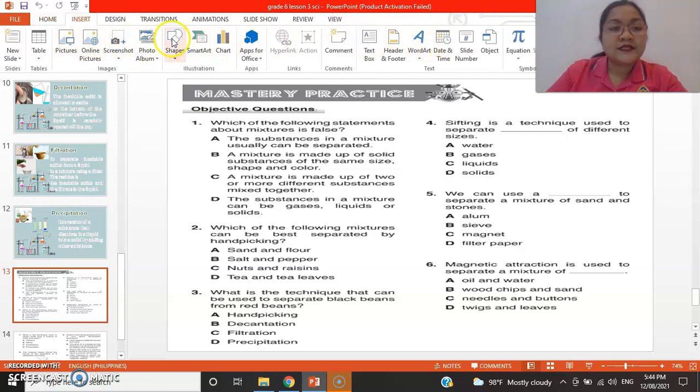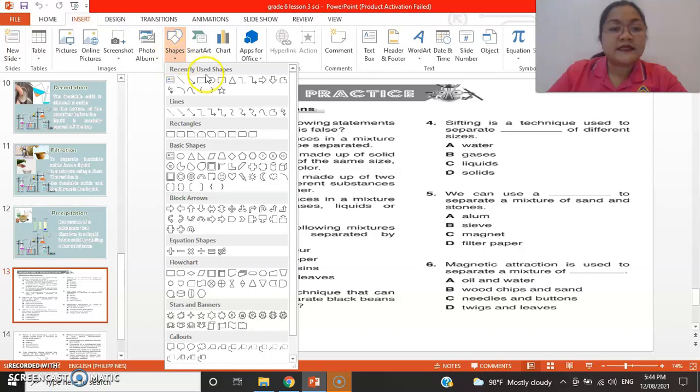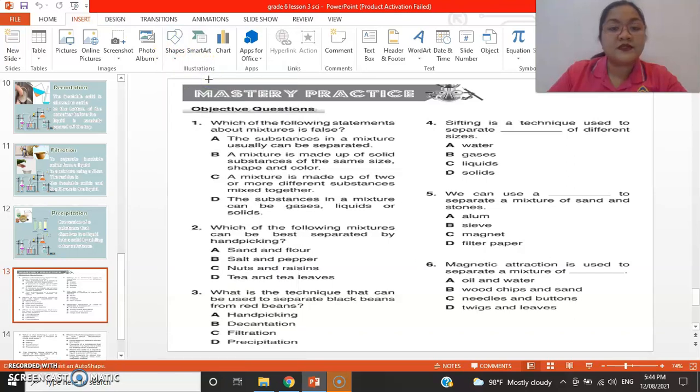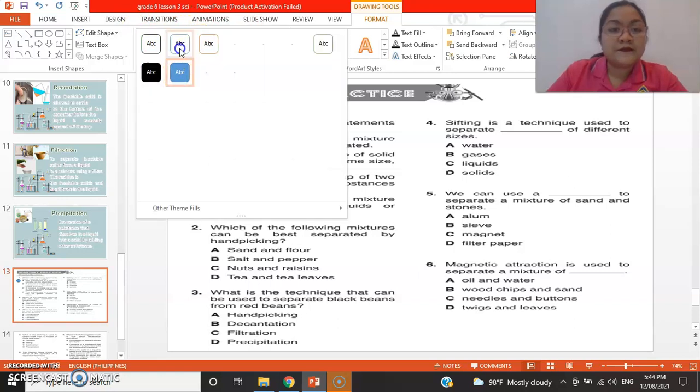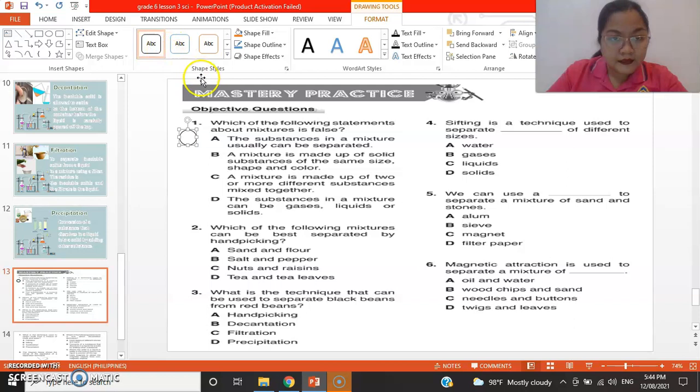Letter A. The substances in a mixture usually can be separated. Letter B. A mixture is made up of solid substances of the same size, shape, and color. Is it correct?